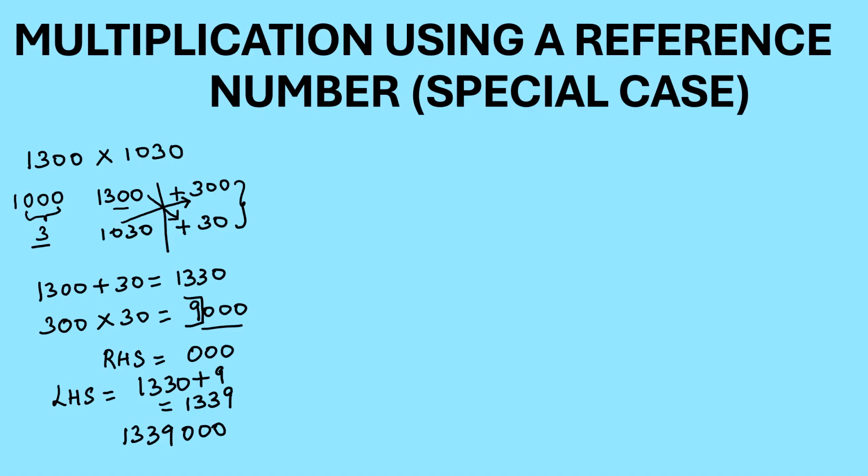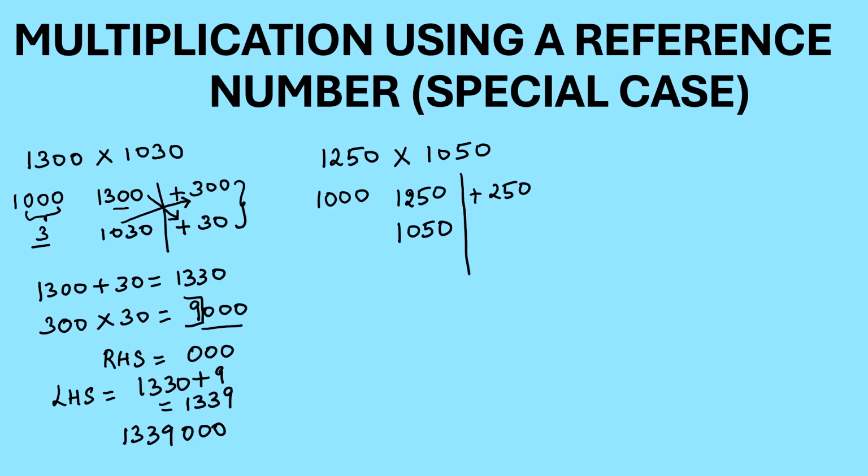Let's try another one. Let's say you want to do 1250 times 1050. Here again, both numbers are close to 1000, so we'll use 1000 as our reference number. To do the problem, we write down the numbers being multiplied one below the other. We know that 1250 is 250 more than our reference number, so we write down plus 250 next to it.